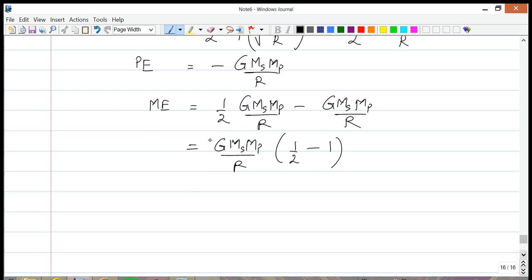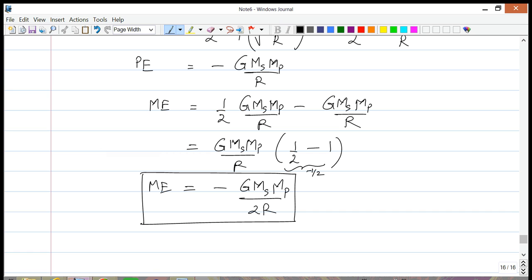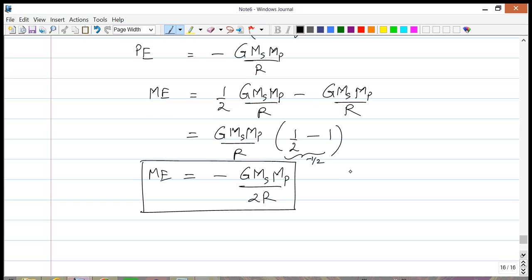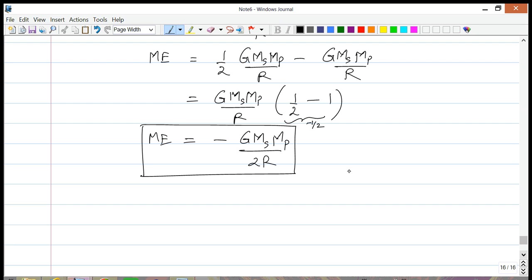Now half minus 1 is nothing but minus half, so I can rewrite this as minus G ms mp over 2r. So the mechanical energy for a planet that is bound to its star is basically negative G ms mp over 2r. In fact, this is nothing but negative of the kinetic energy, or rather half times the potential energy.